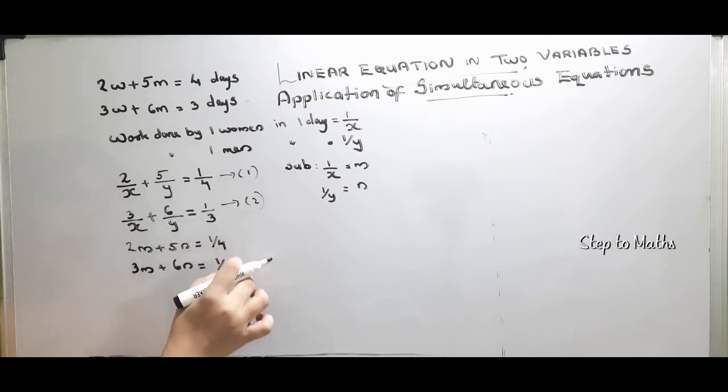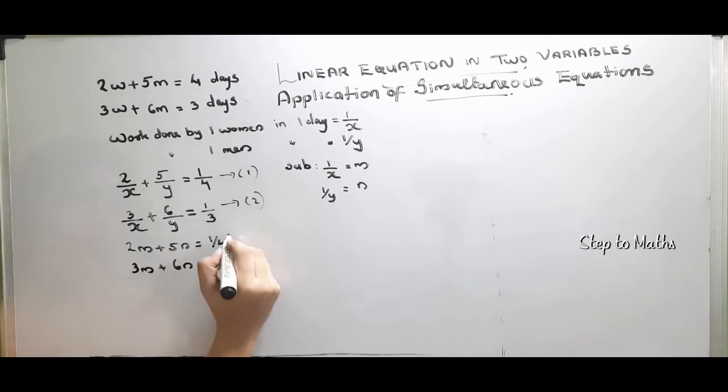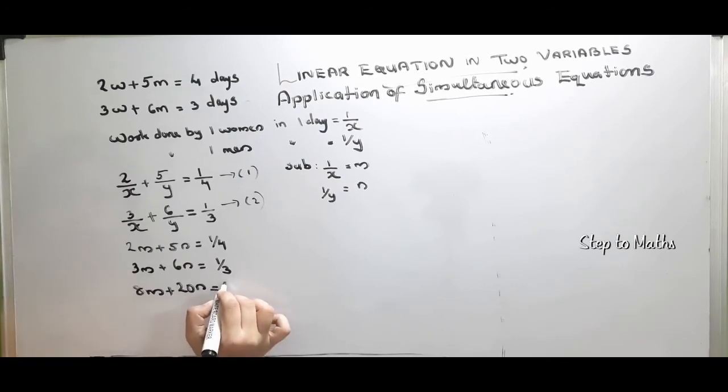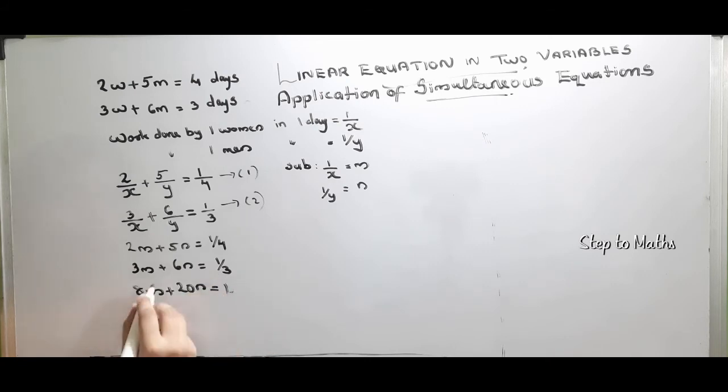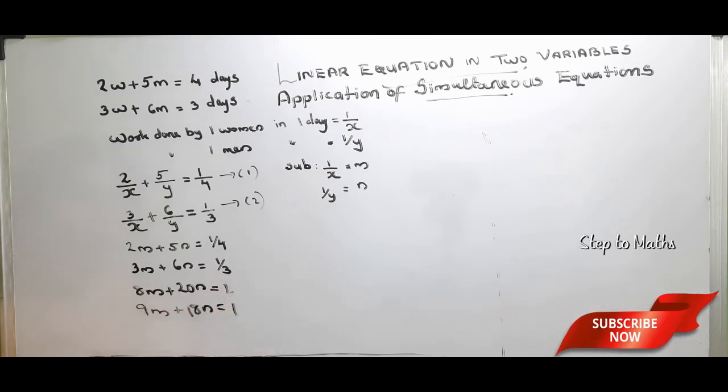Now these are in fractional form, so we can reduce them by cross multiplying: 8m plus 20n is equal to 1. Similarly, 9m plus 18n equal to 1.